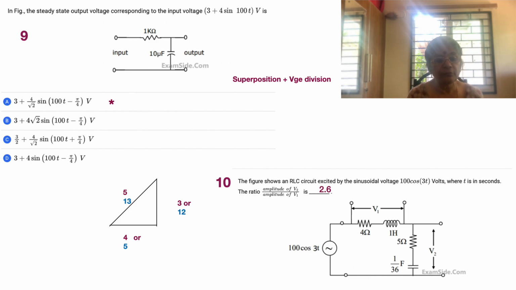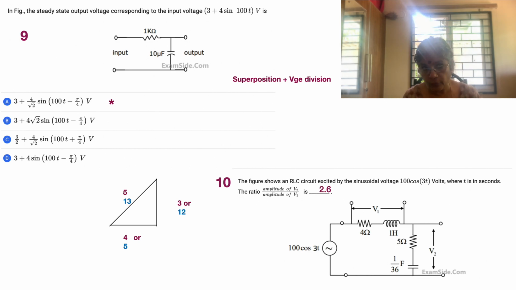When you give an input of 4 sine 100t with no angle of lead or lag, the capacitor gives rise to a current flowing through it, and thereafter a voltage drop across it.